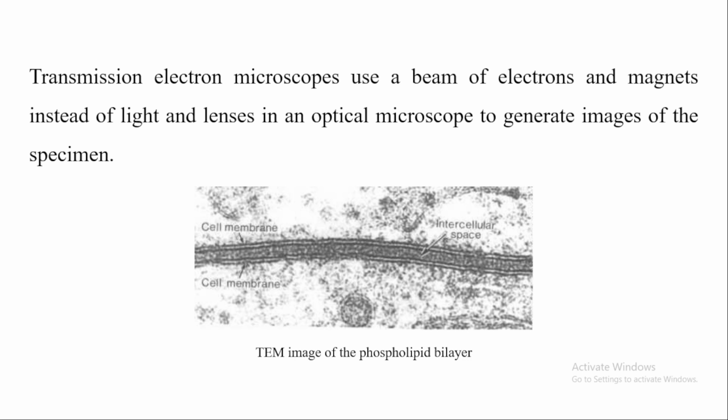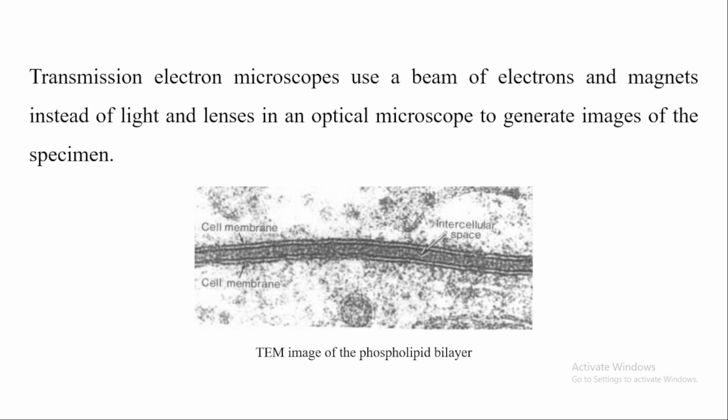But an electron microscope uses beams of electrons instead of light. Electrons have a shorter wavelength, so you can get a better resolution.